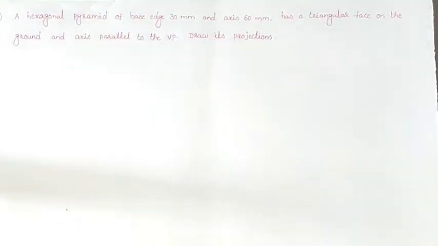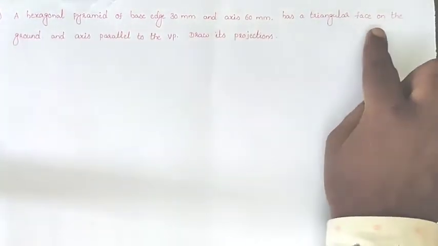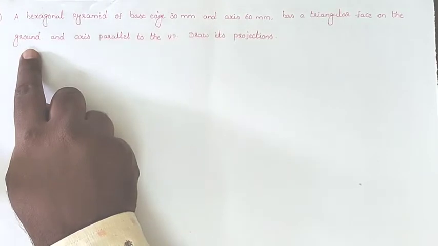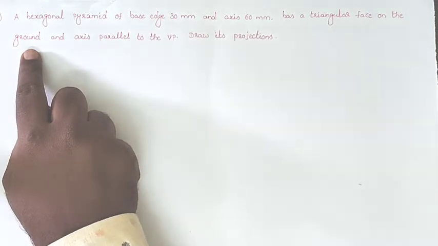Here when the triangle face is given in the problem, how will we draw the projections? In the initial stage we can assume the axis perpendicular to HP and draw the projections of our diagram.